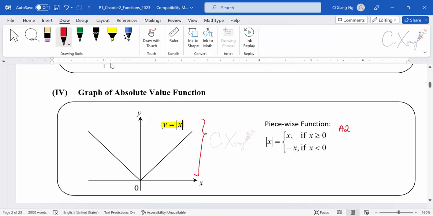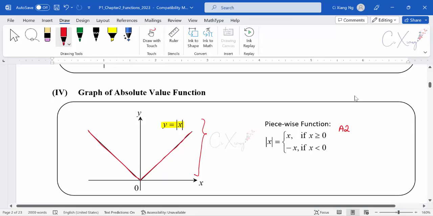Therefore your graph will always be above the x-axis. The basic modulus function shape is a V shape, like what you can see here. The more detailed knowledge about the modulus function will be covered in the A2 syllabus later.